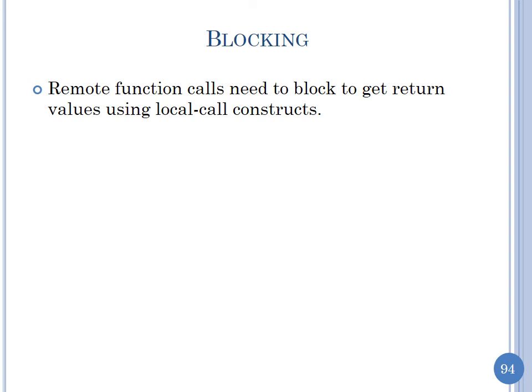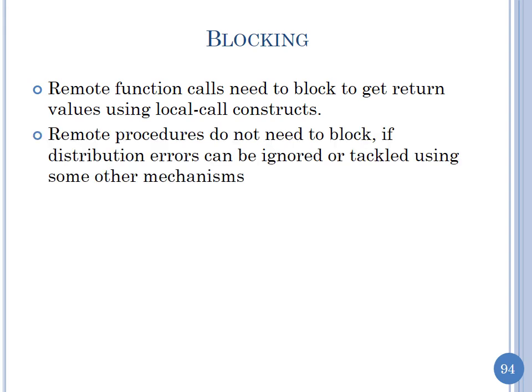If you're going to use local call constructs to return values, then we need blocking calls, blocking function calls. If we are blasé about exceptions or use some other mechanism to get errors, then we don't need remote procedure calls to block. In RMI, the calls block.